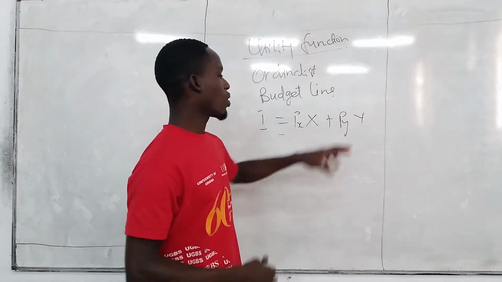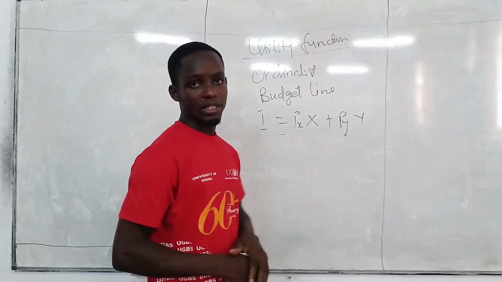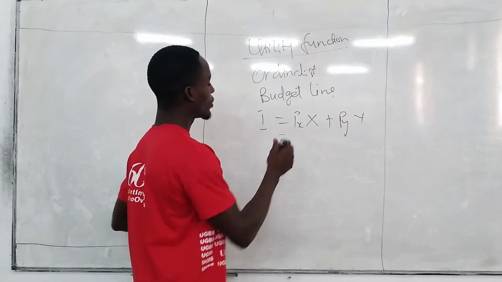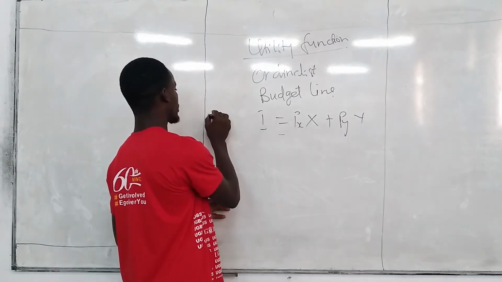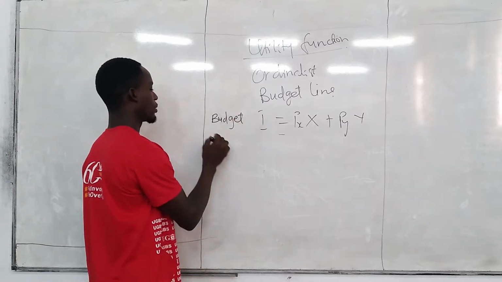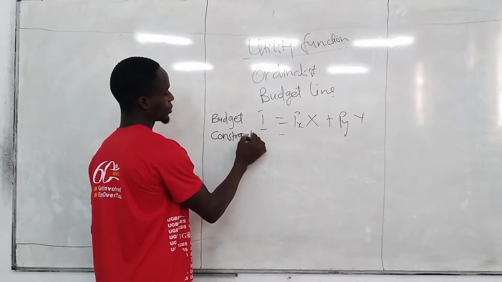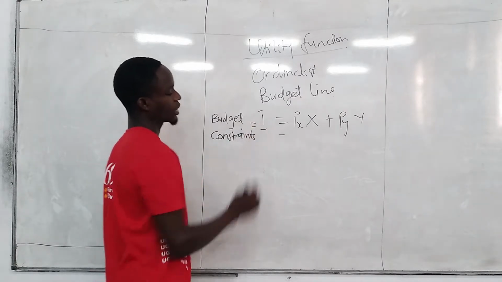Your income equals these two goods, X and Y, with their respective prices. And this is called the budget constraint.